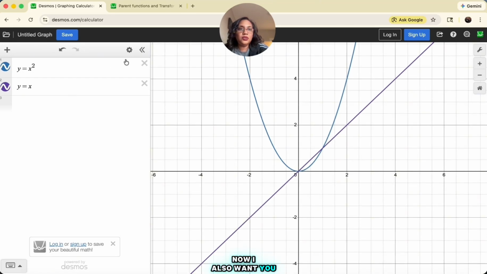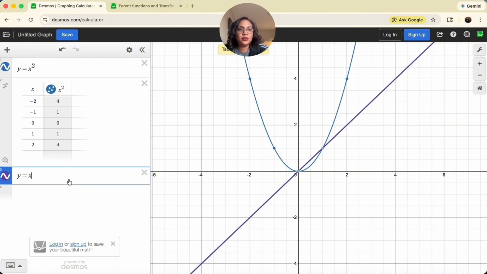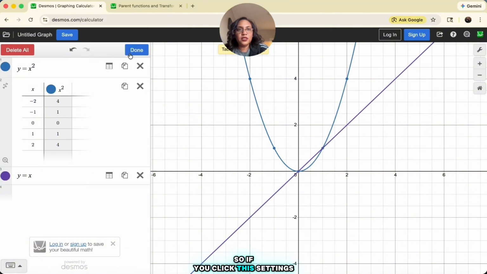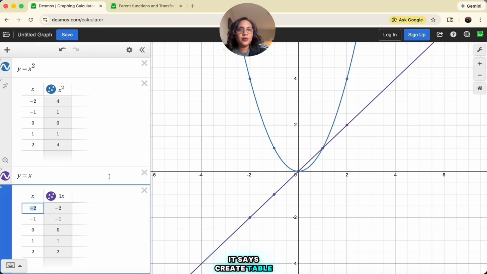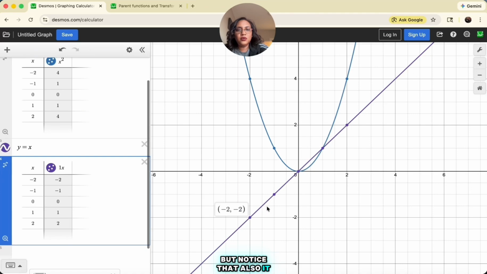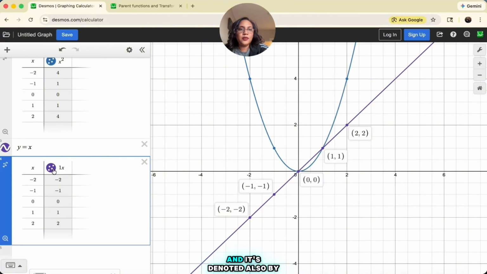Now, I also want you to notice the difference between the values in the tables. If you click this settings button and then click this thing that looks like a spreadsheet, it says create table. All right, so look at -2 and then what value is in the y column. Notice that when I click in that box, the dots show up, and it's denoted also by the dots in the circle.